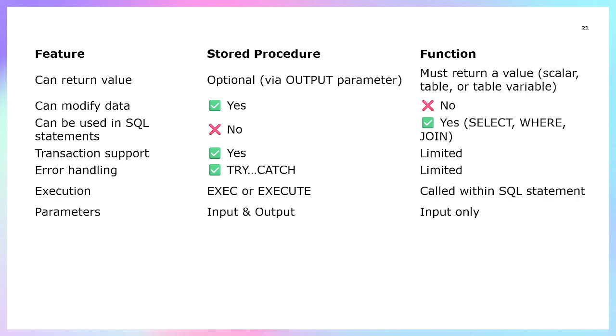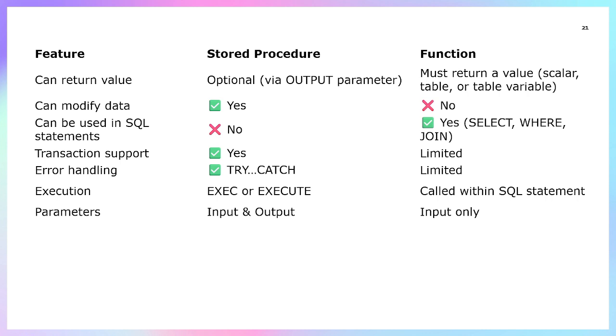It will be clear. Transaction support: yes for a stored procedure, limited for a function. Error handling: yes, try catch for a stored procedure, limited for a function. Execution: EXEC or EXECUTE for a stored procedure, and for the function we can call it directly in a statement. Parameters: input and output parameters for a stored procedure, but for the function only input parameters and a return value.